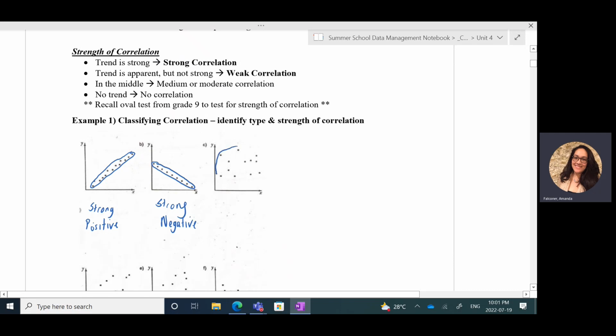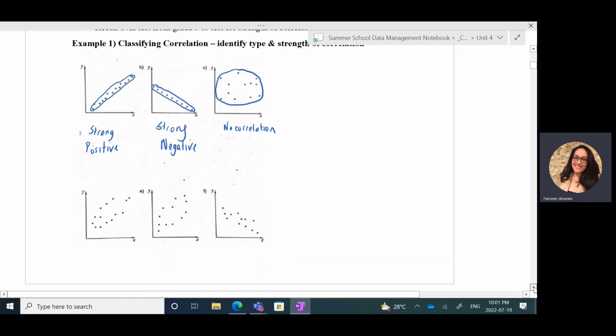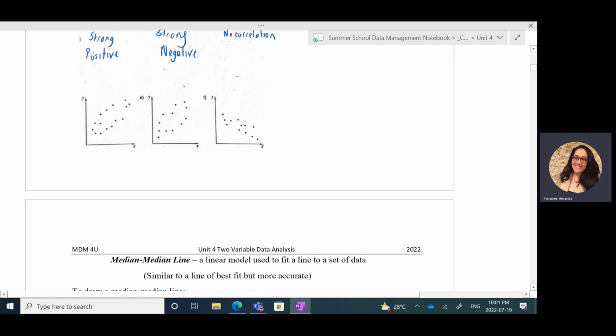This one here, I'm trying to put an oval around all of it. It's more like a circle, so I'd say no correlation here. Here I'd say, okay, maybe we'd say a weak correlation or moderate correlation. So I'm going to say weak positive.